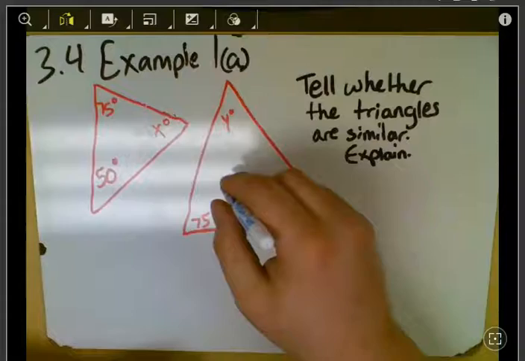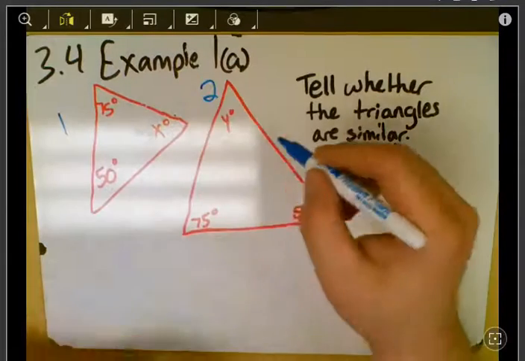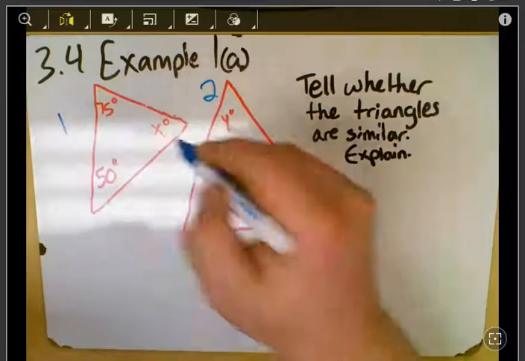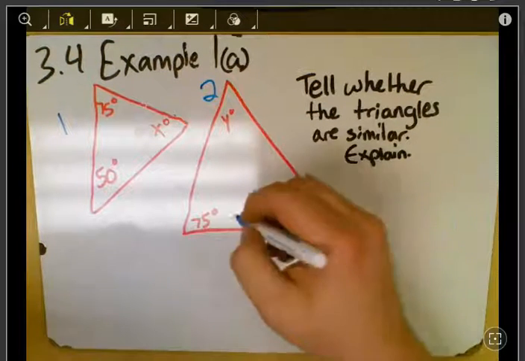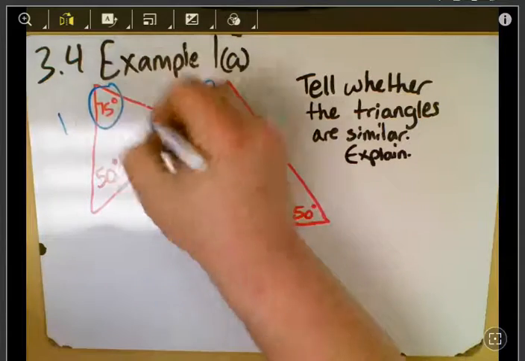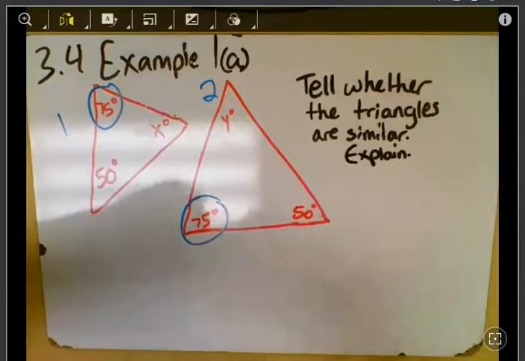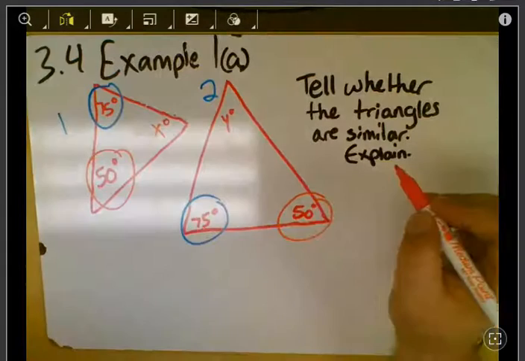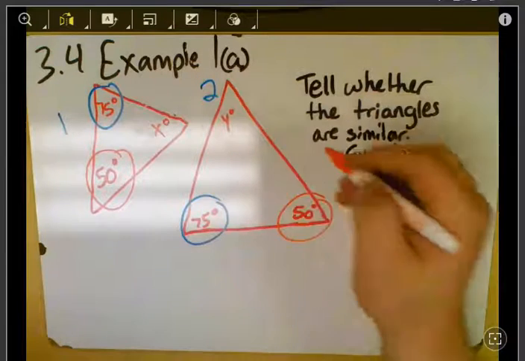Okay, so we'll call this triangle 1. We'll call this triangle 2. Triangle 1 has a 50-degree angle and a 75-degree angle. Triangle 2 also has a 75-degree angle and a 50-degree angle, which means that this is a pair of congruent angles, and this is a pair of angles, which means that x and y, from the key idea before, are congruent.